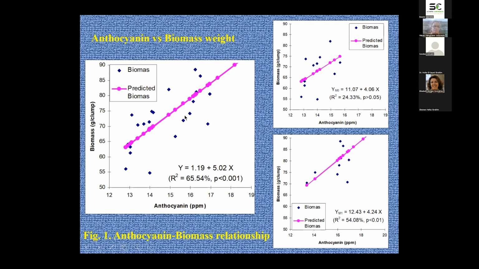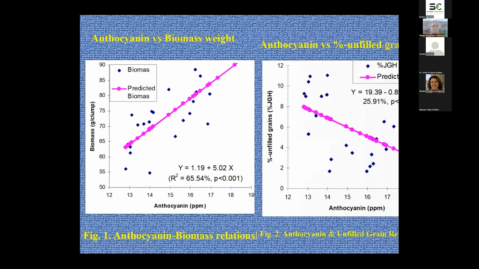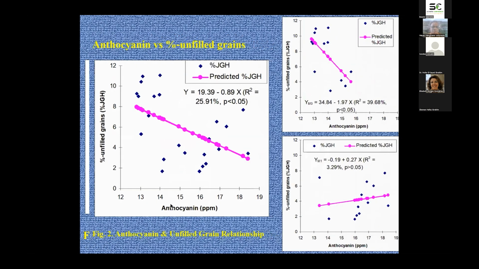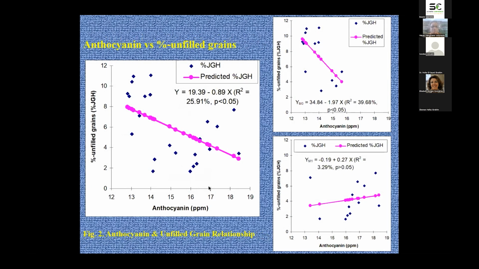So there's a positive correlation, and we can see here there's a negative correlation between unfilled grain and anthocyanin content. So it could be possible that higher anthocyanin content will push more photosynthetic ability during the seed filling phase.